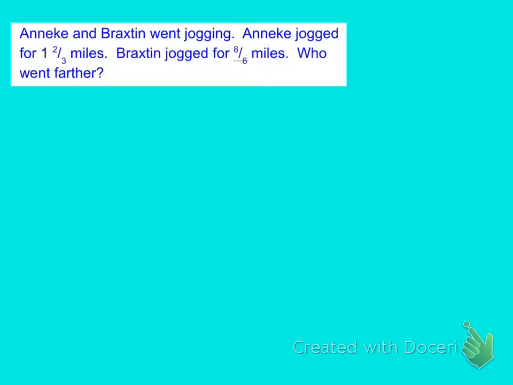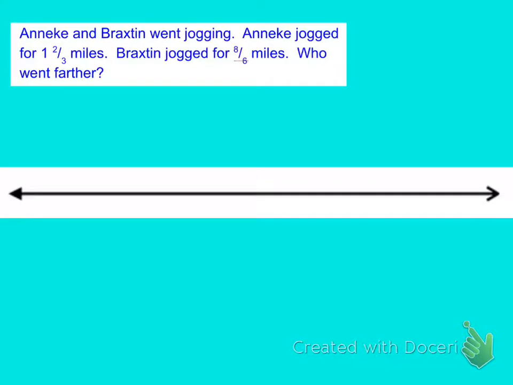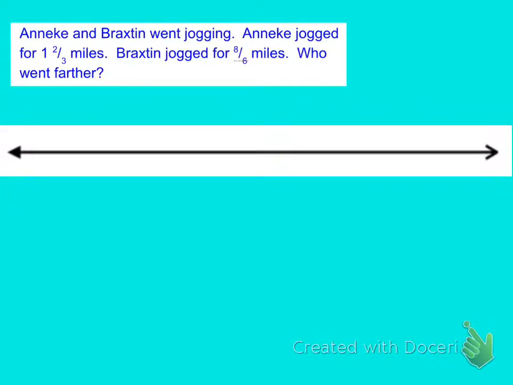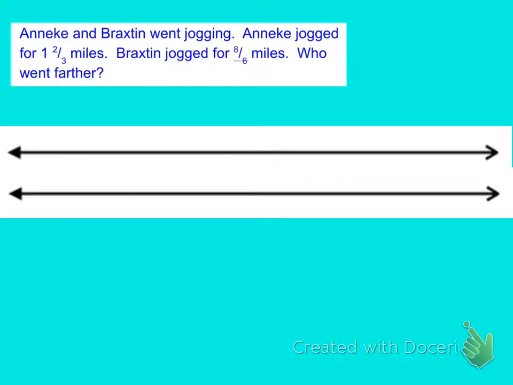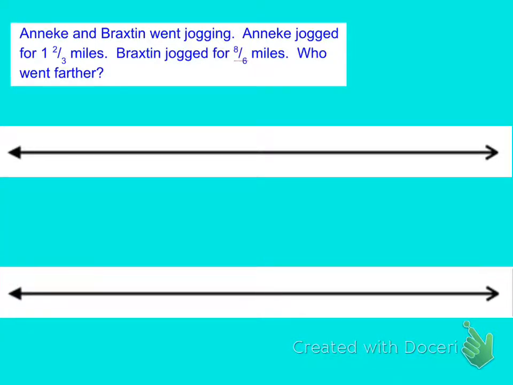Annika jogged 1 2/3 miles, and Braxton jogged for 8/6 miles. Who went farther? Now, the way that your math journal is going to have you do this is on 2 number lines. So you're going to do 1 number line for Annika and 1 number line for Braxton. Okay. The most important thing about these number lines is that they're the exact same size, otherwise it won't work.